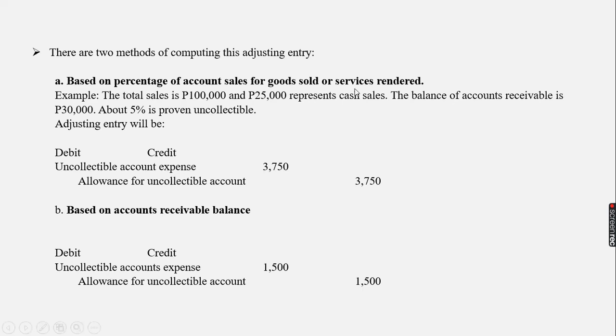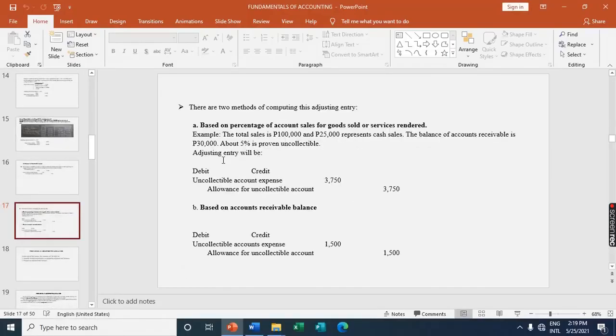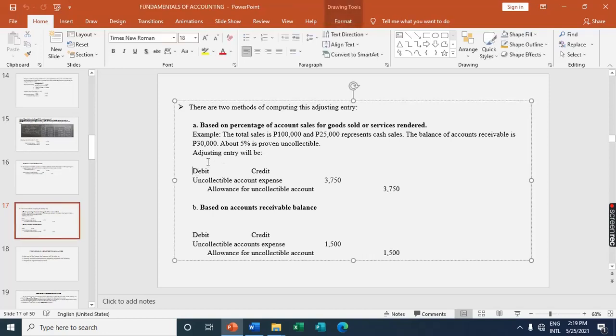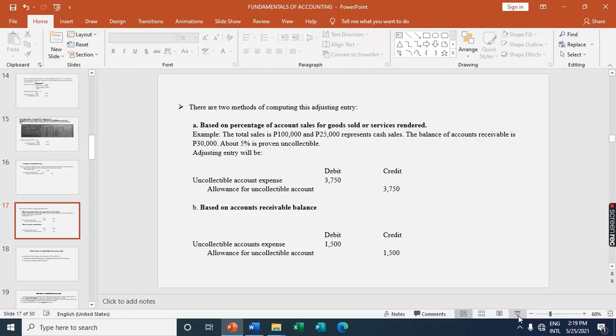So, dito ka magbe-base sa account sales mo na 100,000. Okay? So, ang adjusting entry mo dyan is, paano niya nakuha yung 3,000? Wait nga lang. I-ayos natin yung presentation. Ayan. So, paano natin nakuha yung 3,750?